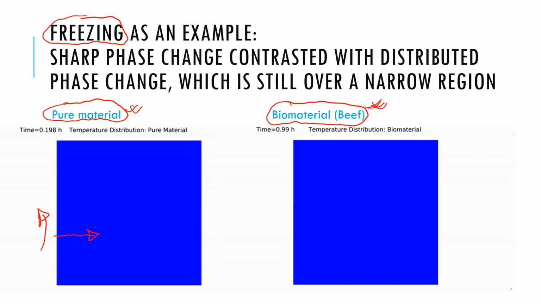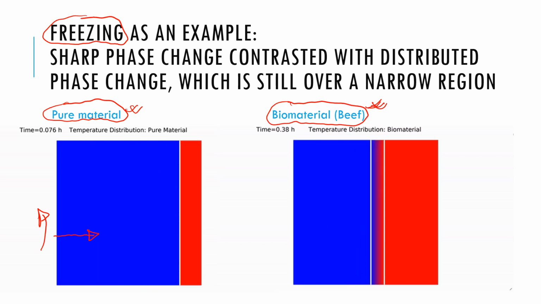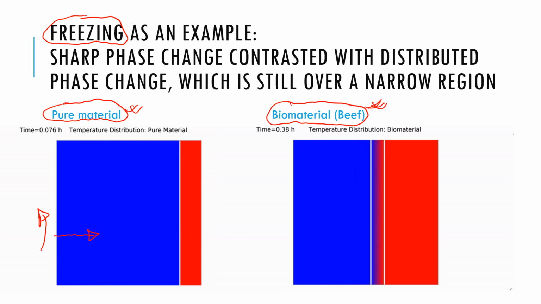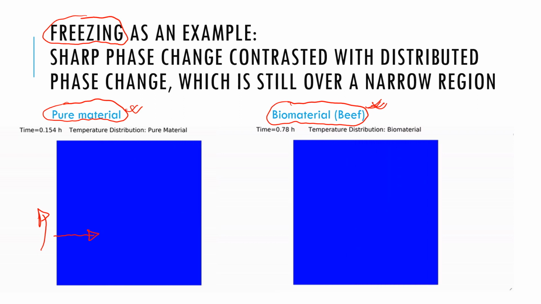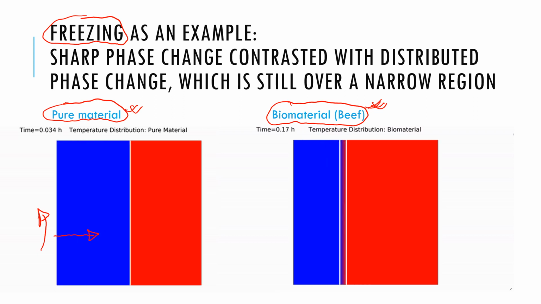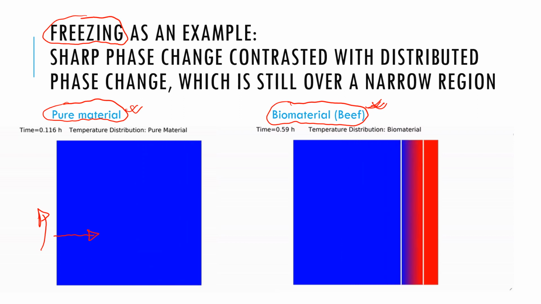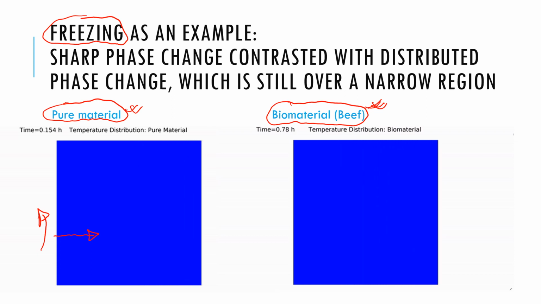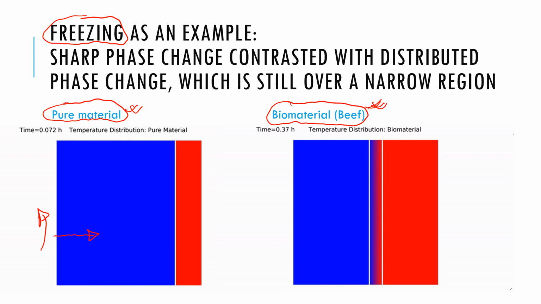That is the reality, and that is not captured as well in the left one. But we will see that the left one can give us a reasonable estimation because it still considers the latent heat, which is the bulk of the amount of heat that needs to be removed.